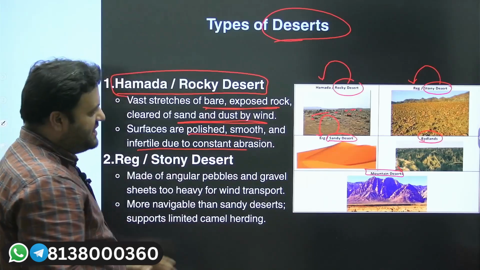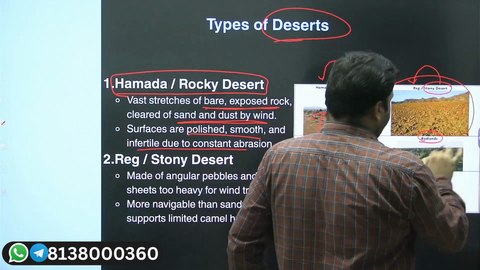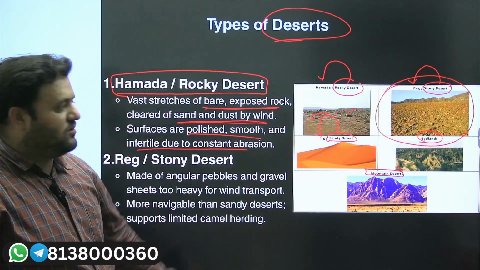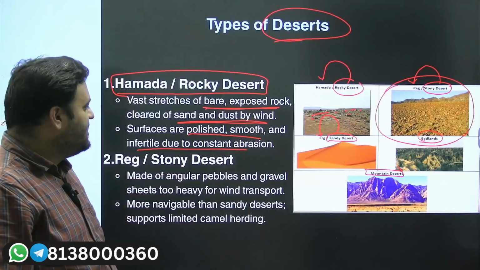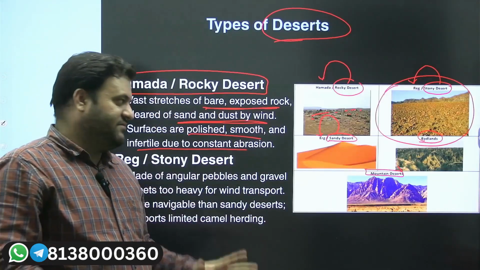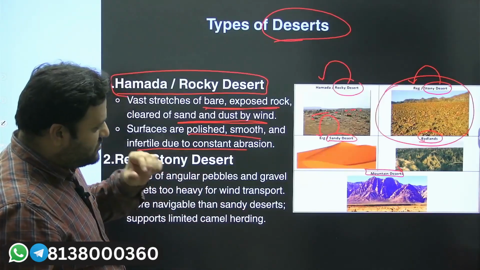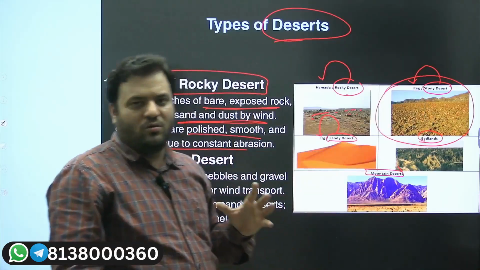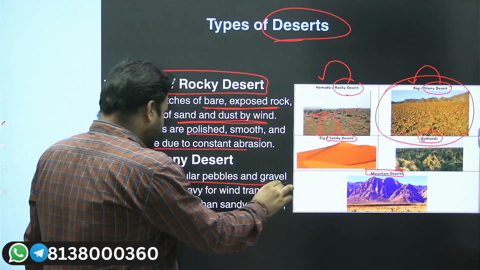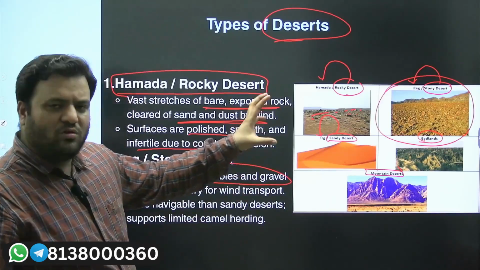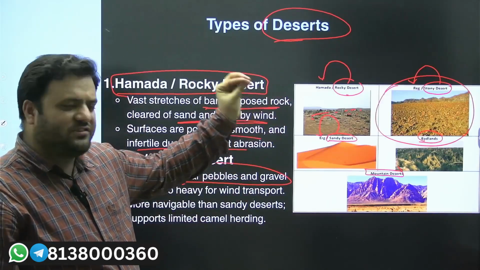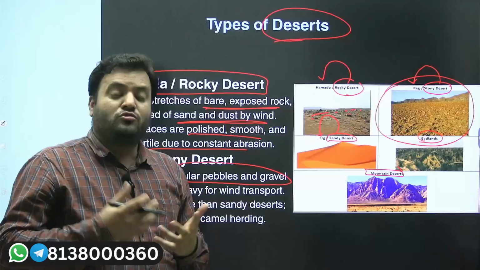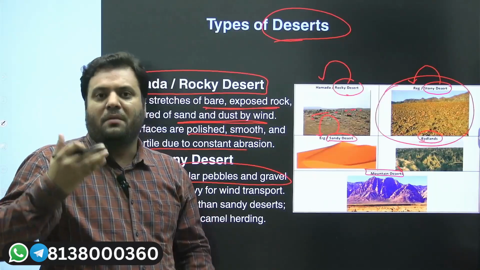Then we have Reg, the stony desert. Here, in contrast to the rocky desert, we have angular pebbles and angular gravels. The stony desert has angular pebbles and gravel, and these are very weak, but too heavy to be lifted by wind.